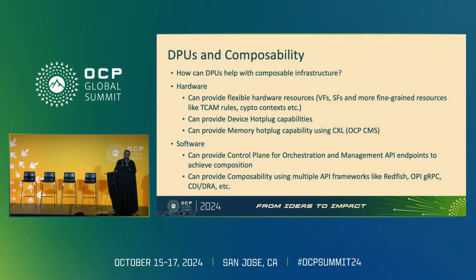So how can DPUs help with composability? First, taking the hardware part of it, DPUs today are supporting NVMe, virtio, and scalable functions, and so they can provide more fine-grained resources like TCAM rules, crypto context, etc., to an orchestration framework for it to select and choose what it wants inside a VF.